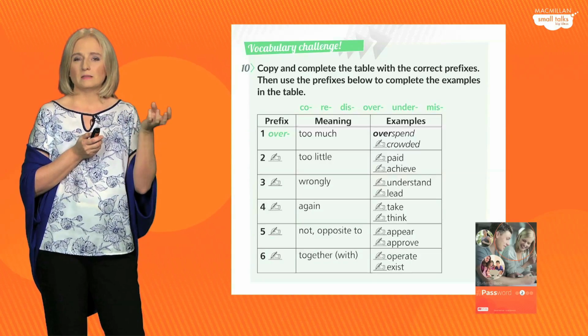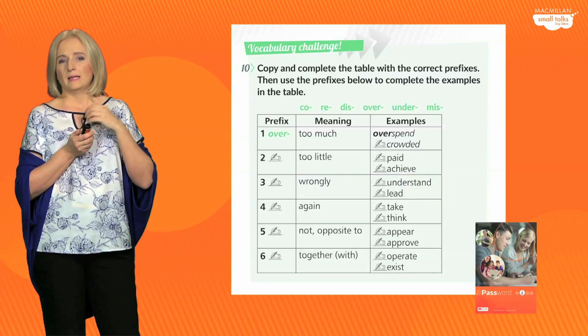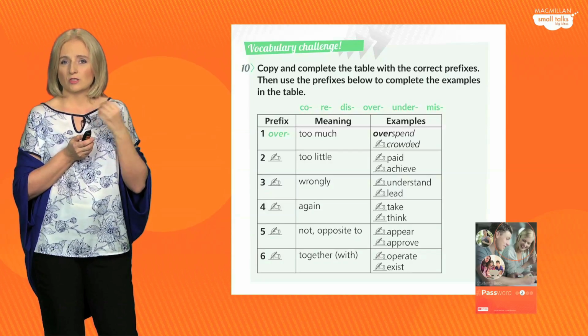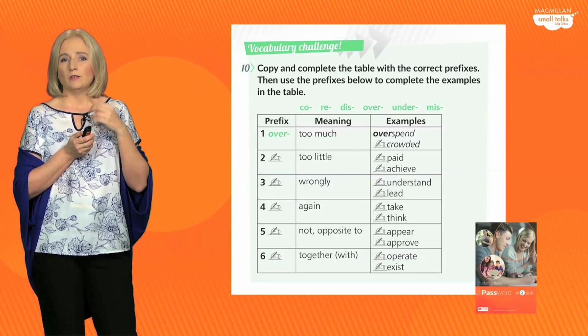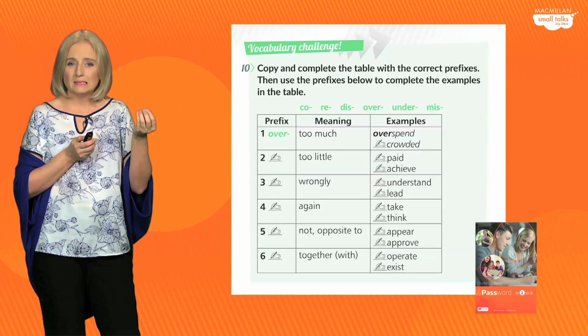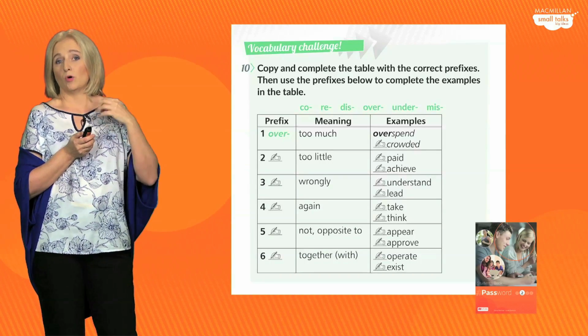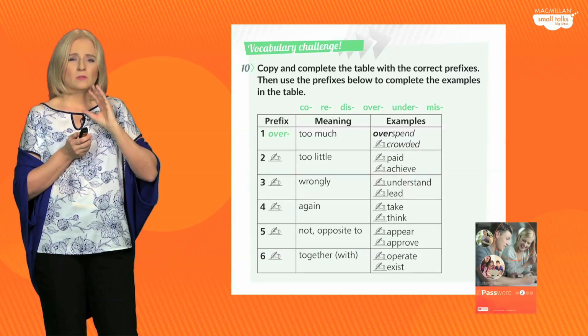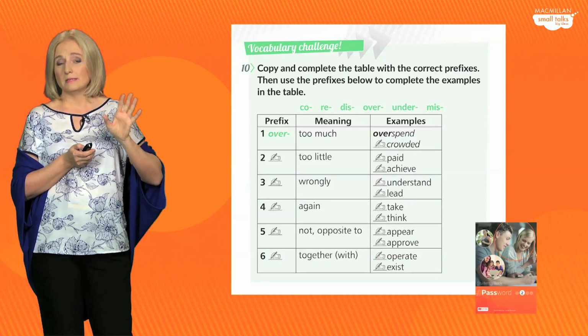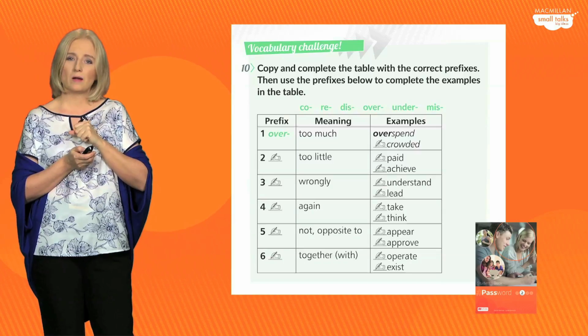So if the students understand achieve, they will certainly understand underachieve, for example. If students understand, I don't know, paid, they will surely understand underpaid, for example, or unpaid. I don't want them to use these words confidently yet, but I want them to be aware of these words.